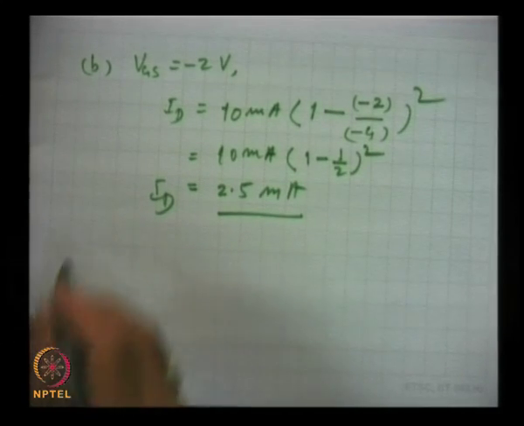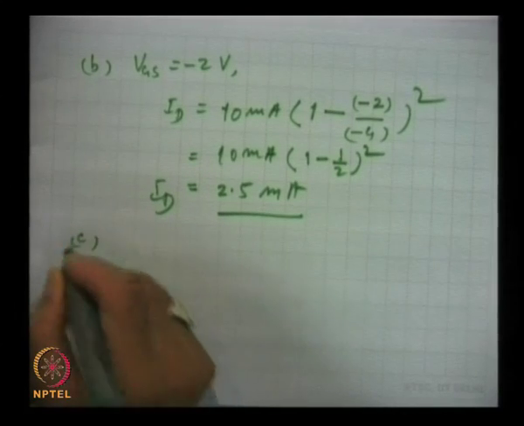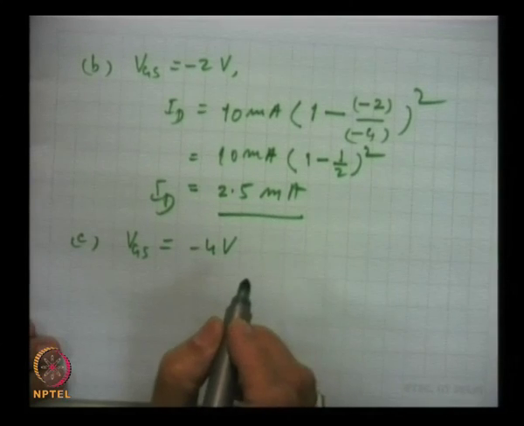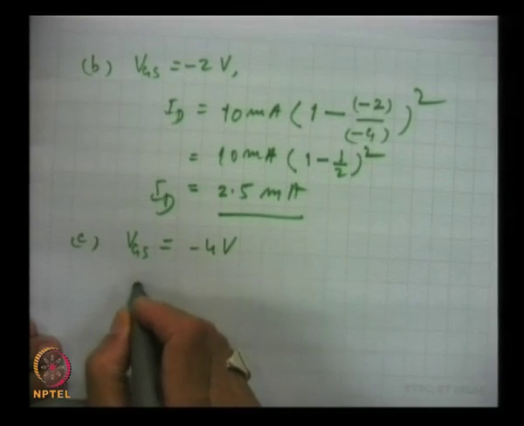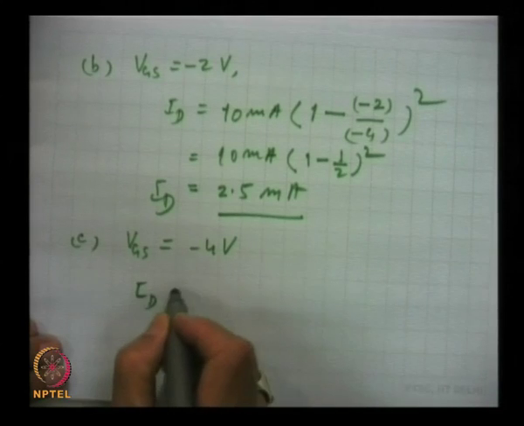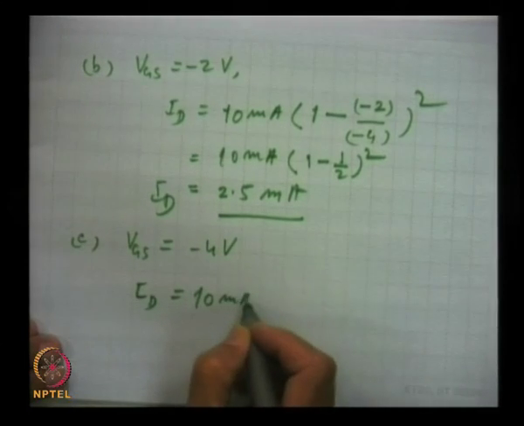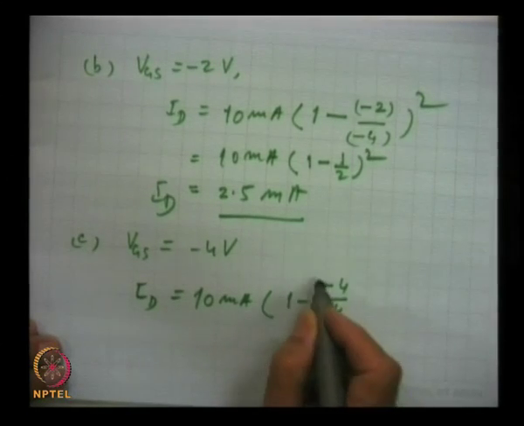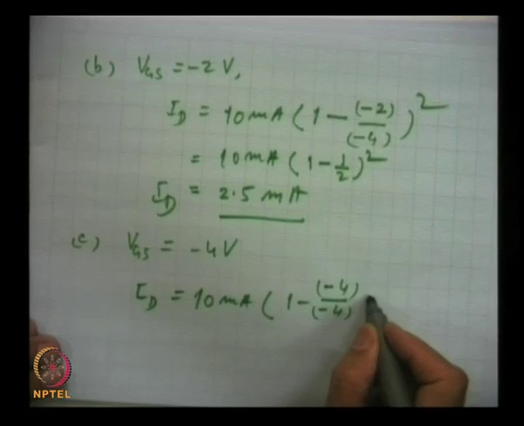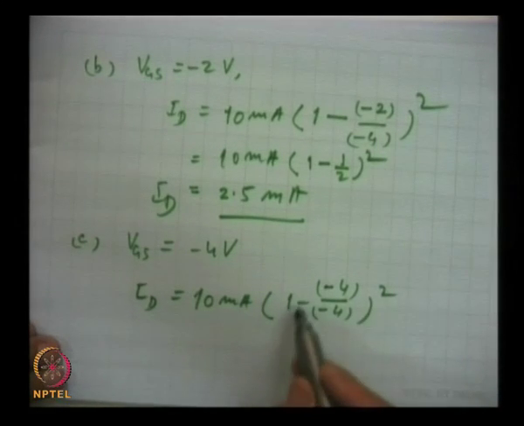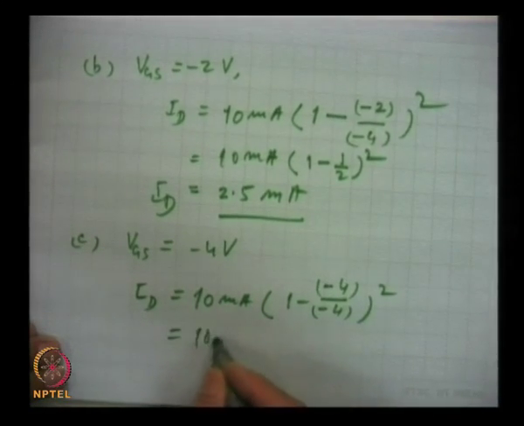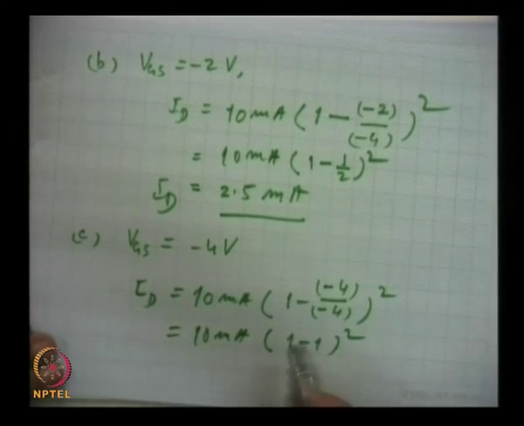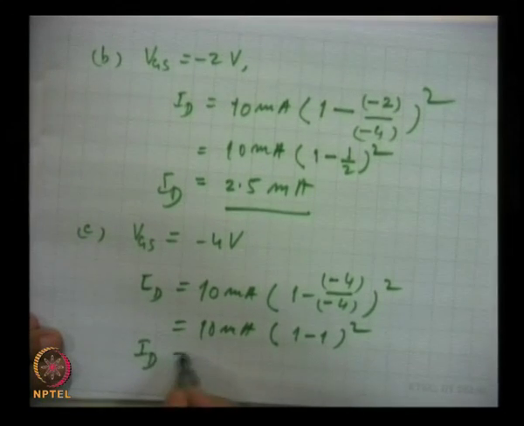And case 3, when VGS is equal to minus 4 volts, in the same expression IDSS is 10 milliamperes, 1 minus 4 by 4 squared, so this is 10 milliamperes into 1 minus 1. So this is 0, ID is 0.